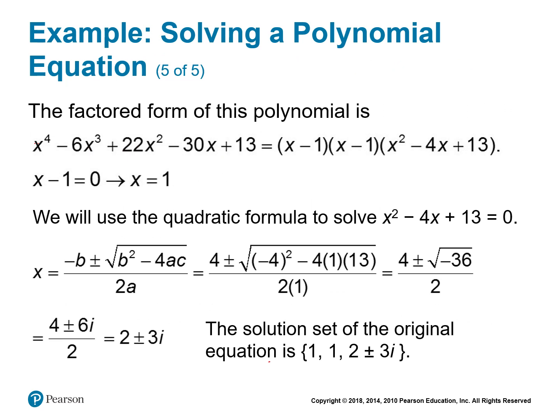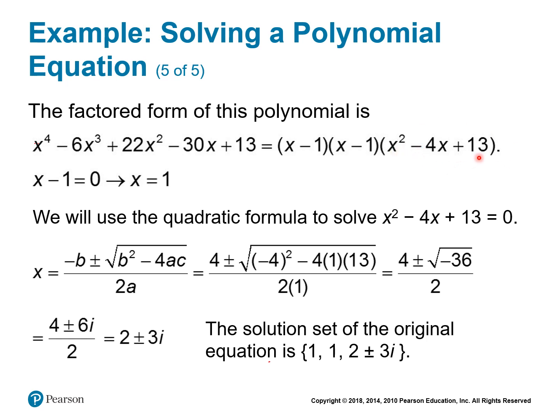When you have a quadratic polynomial, first see if you can factor it using the factoring method. There's no way we can find factors of 13 which will add up to negative 4. So that means this is not factorable.